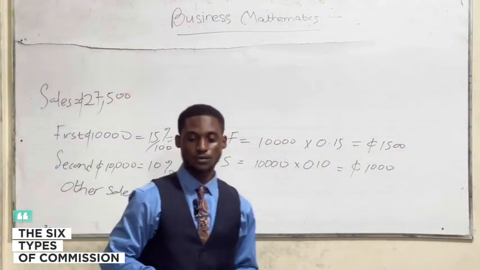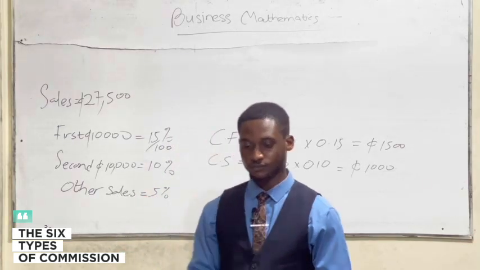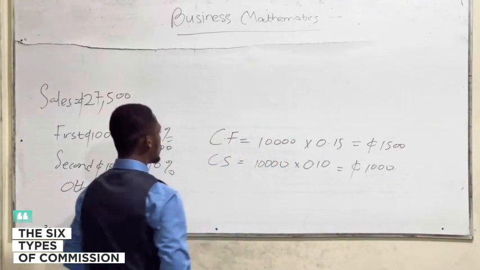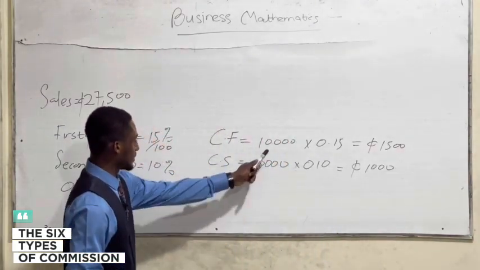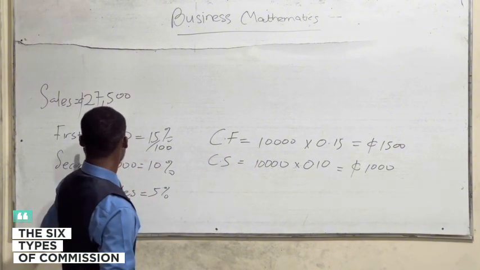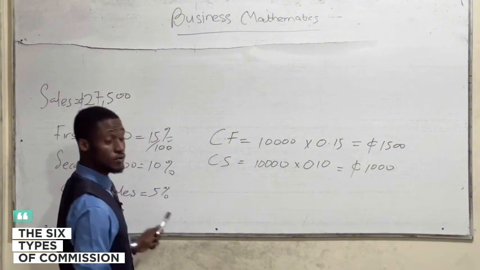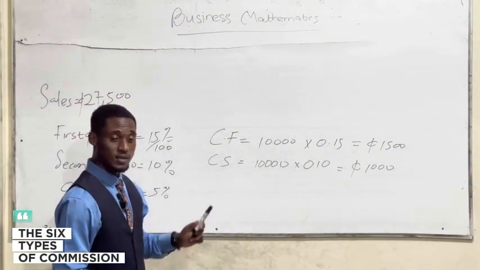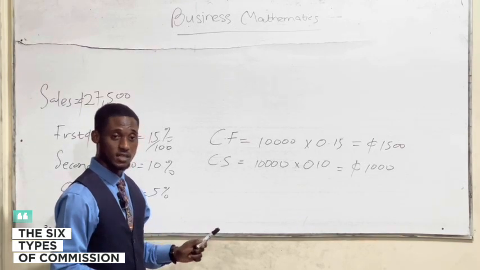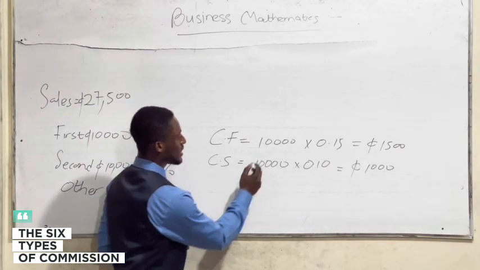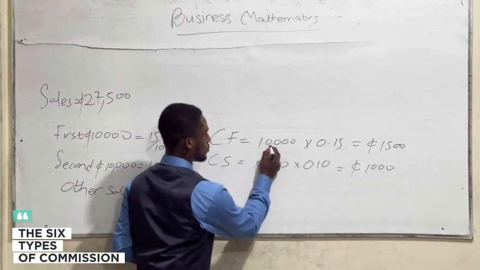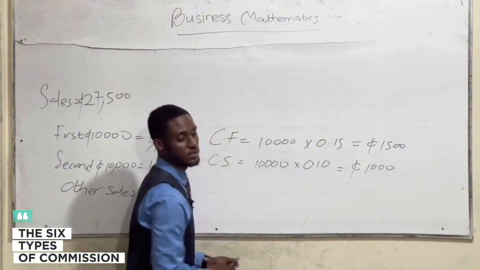So now, what do we do here? You will add the first sale made to the second sales made. So you are going to add this 10,000 to this 10,000.